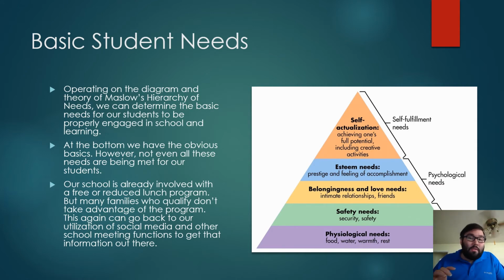So that kind of checks off both bottom two layers of our pyramid here. And that is kind of the whole crux of this plan. We're trying to get resources to meet the basic needs that all of our students need who can't get them.